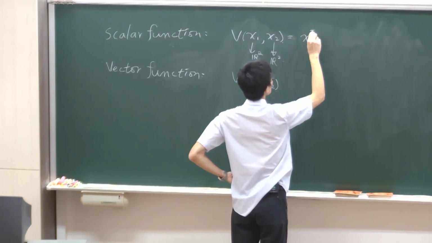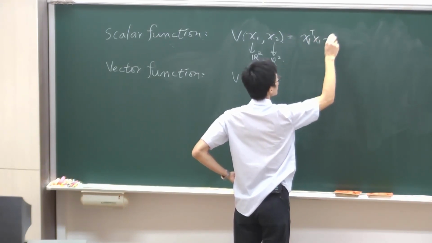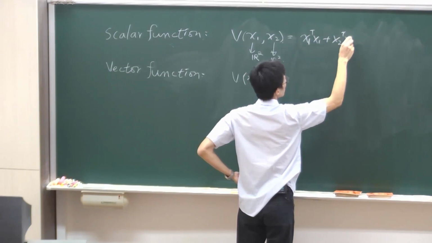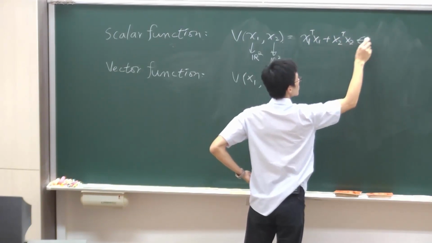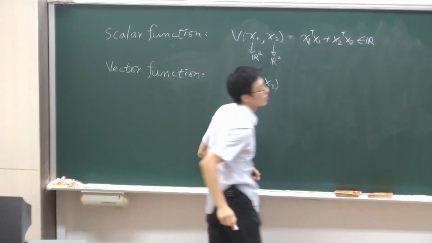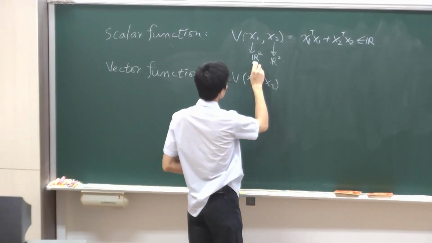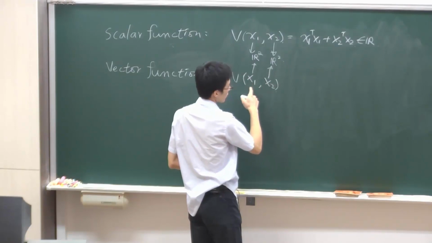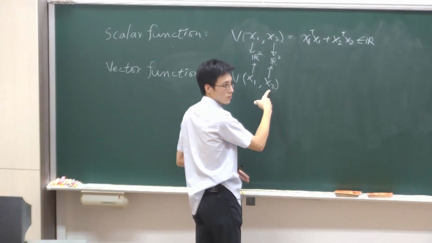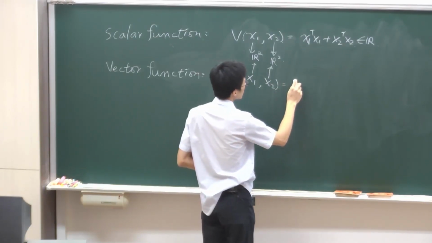X1 transpose X1, which is a scalar, right? Again, X1, X2 are column vectors of dimension 2.